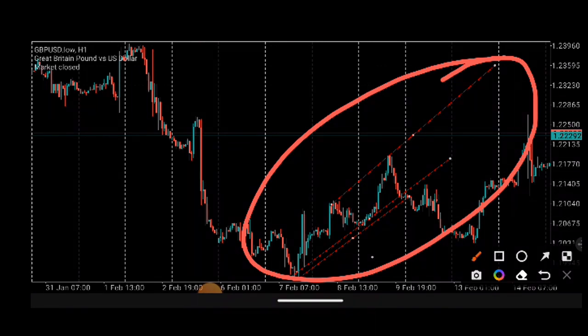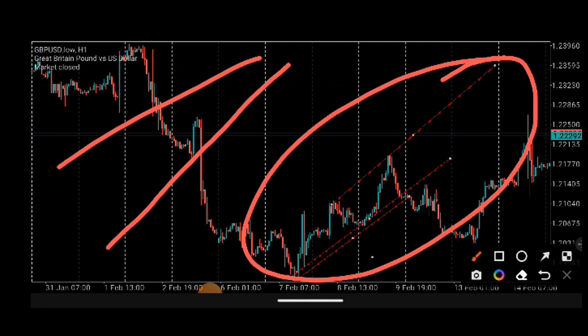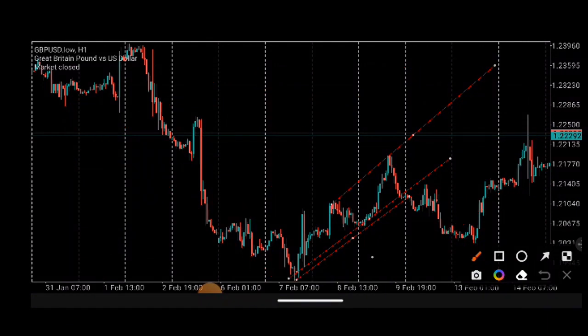Now if you look at this line, it goes against our regular dynamic support and resistance, which is supposed to be something like this, right? For a market that is in an uptrend, this is how it's supposed to be. But instead of having that, we are having this.